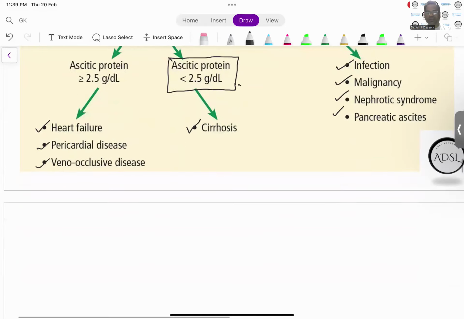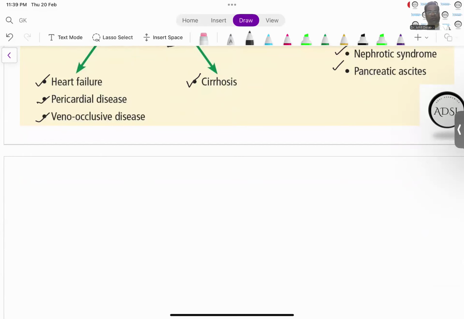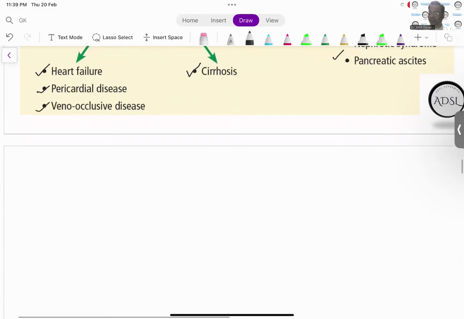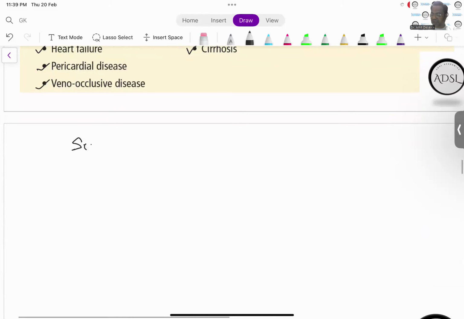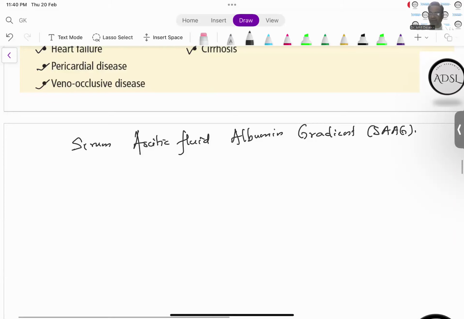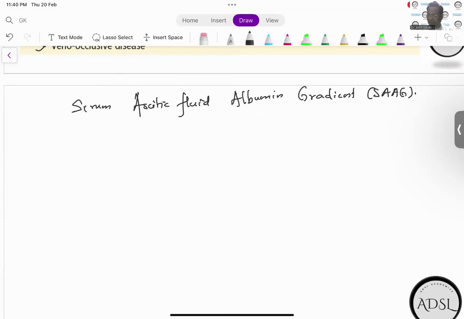So these are the various causes of having a high serum to ascitic fluid albumin gradient, which is called SAAG. These are the various causes.